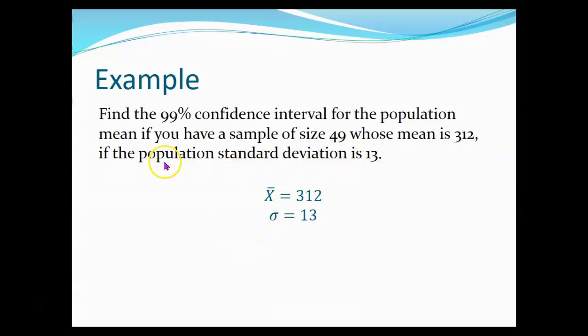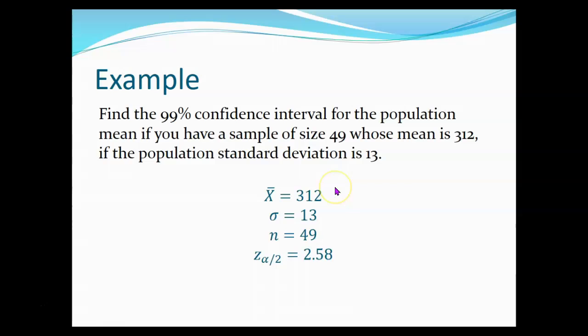Sigma is the population standard deviation, and they told us that is 13. n stands for the sample size, and they told us that is 49. And for a 99% confidence interval, the number we use for z sub alpha over 2 is 2.58.